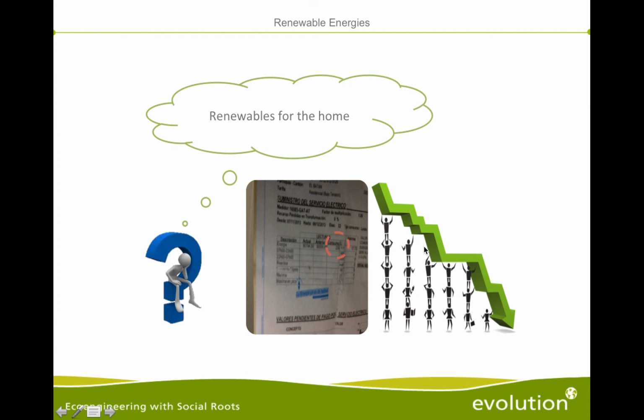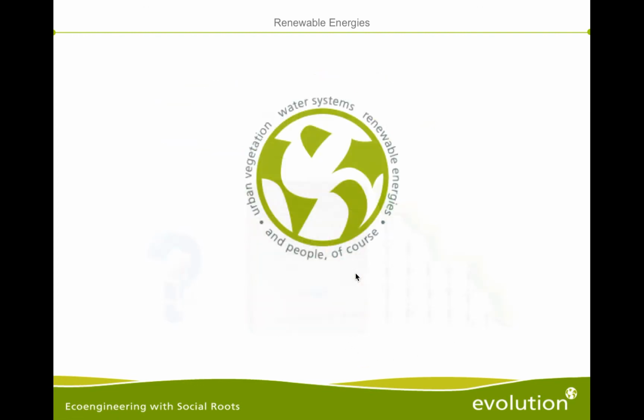It depends on the users and the people living in the home. So we get to that we can talk about renewable energies, but in order to really reach a sustainable solution, we don't only look at supply, we also look at demand, and we have to work with the people involved.